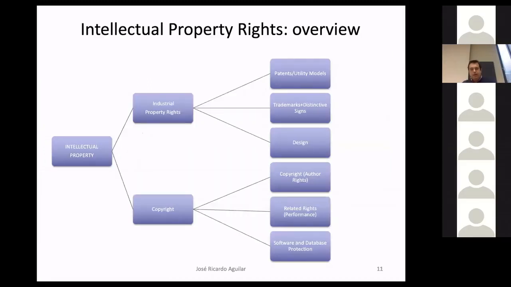Getting back to this slide, we have the second family, which is called copyright. And copyright has to do with more aesthetical and creative creations of the human mind, but also with the protection of software as such in the majority of countries, especially in Europe, in the continental Europe countries. We think about Germany, France, Italy, for instance, Spain, Portugal, the Netherlands, and so on.